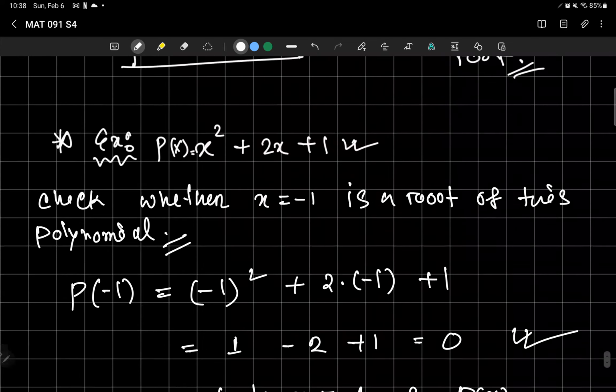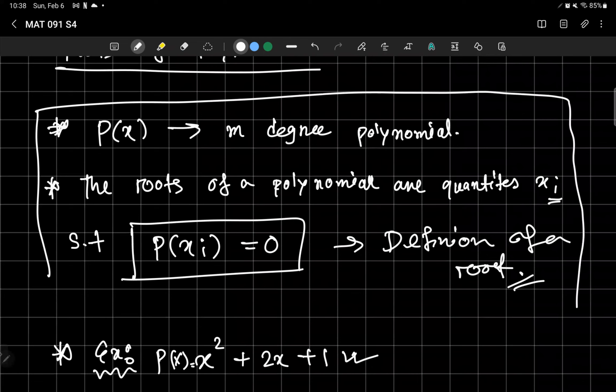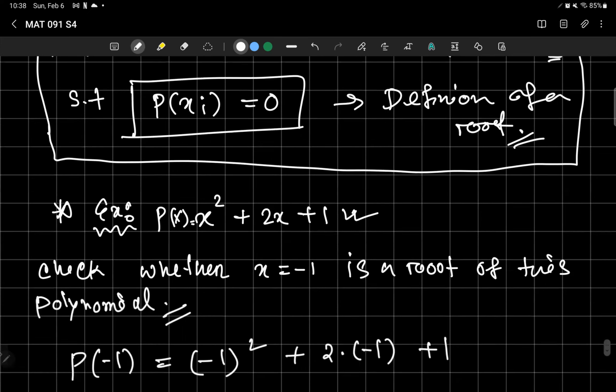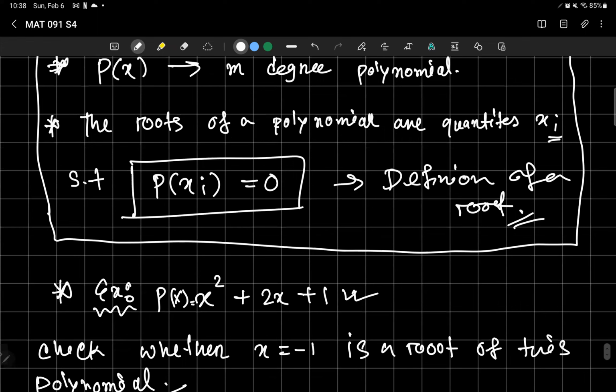So for now, just keep this definition in your mind. We will see how to work with these things when we talk about algebra. Okay. Any question regarding this? What is a root of a polynomial? No?